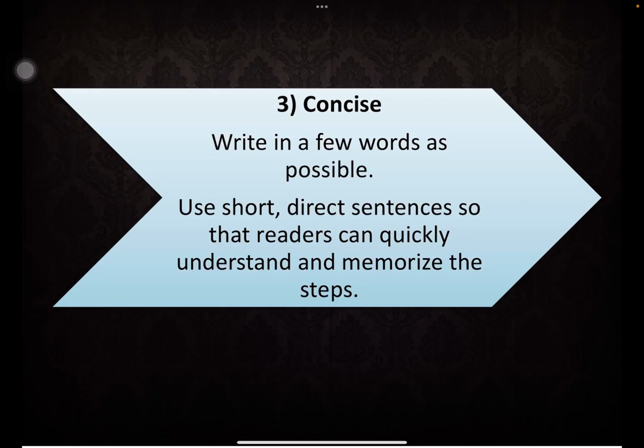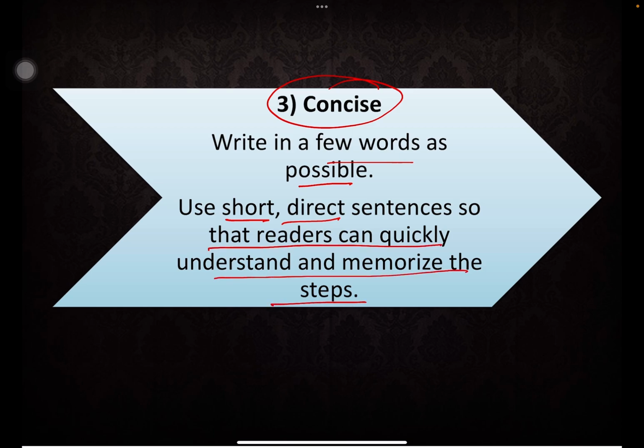Number 3, make sure that the words being used are concise. So write in as few words as possible. Make sure it is short but direct so that readers can quickly understand and memorize the steps. For example, if you are going to replace a flat tire, you're going to give simple instructions. Number 1, switch off the engine.